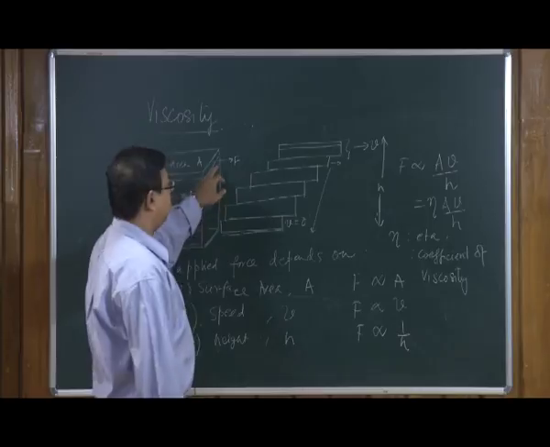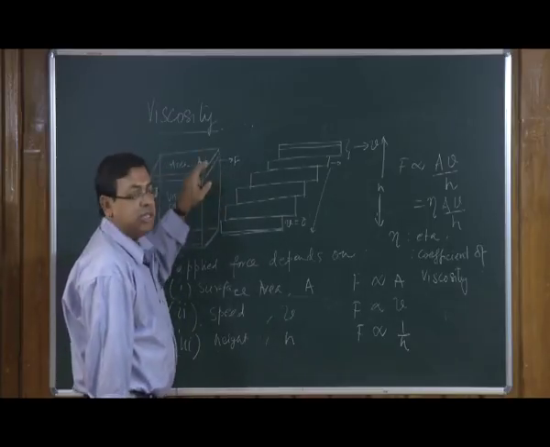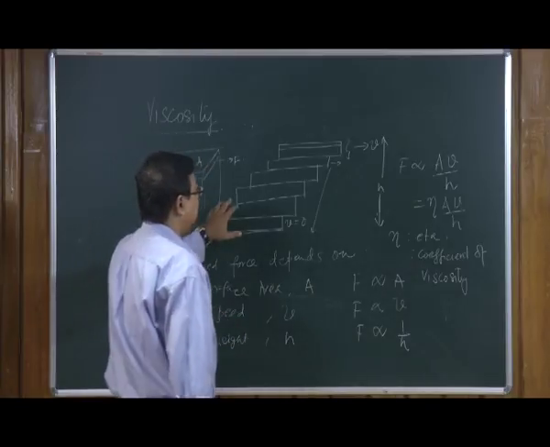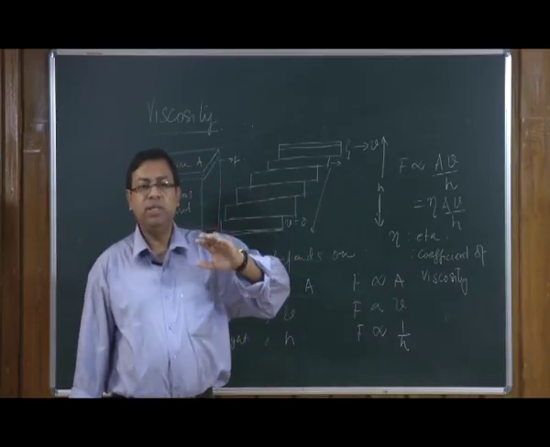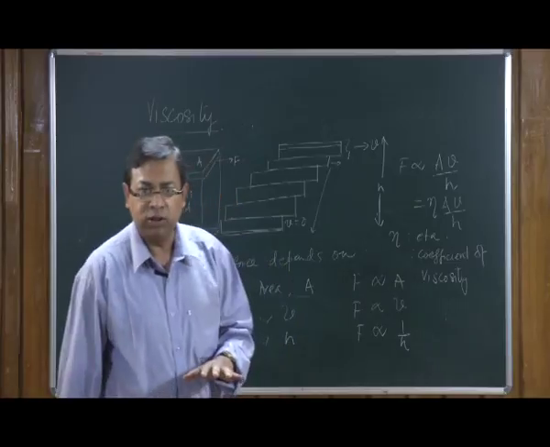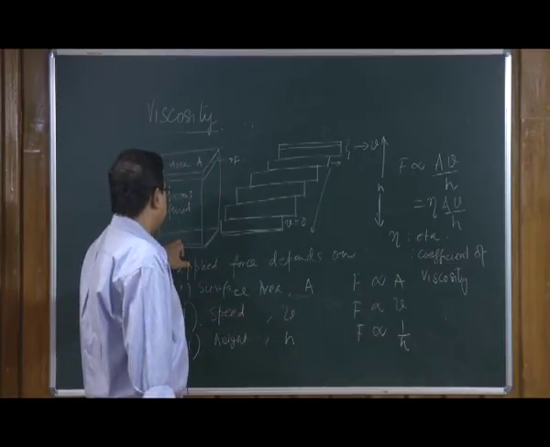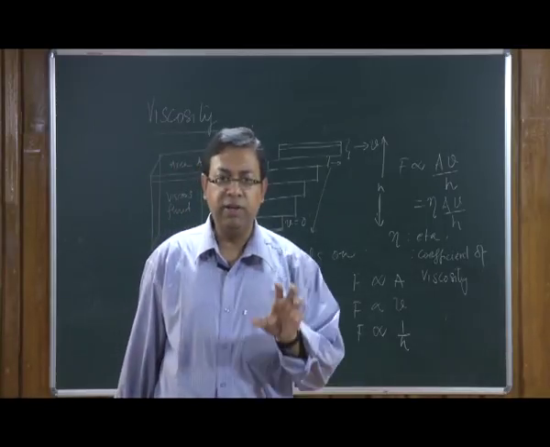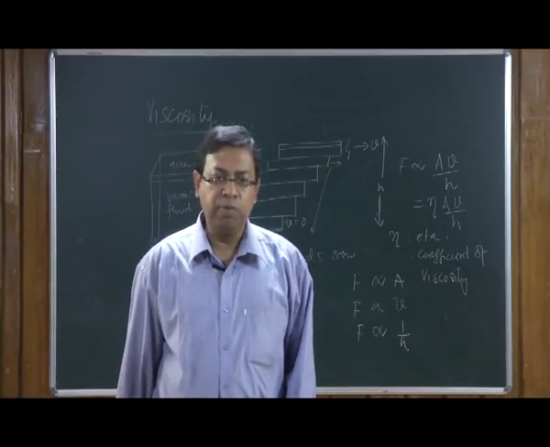So, this force that is needed to keep the top layer in motion, and the subsequent layers will follow with gradually lesser and lesser velocity, with the ultimately bottom layer not moving at all, just the way we have seen in the flow of the liquid through a pipe.